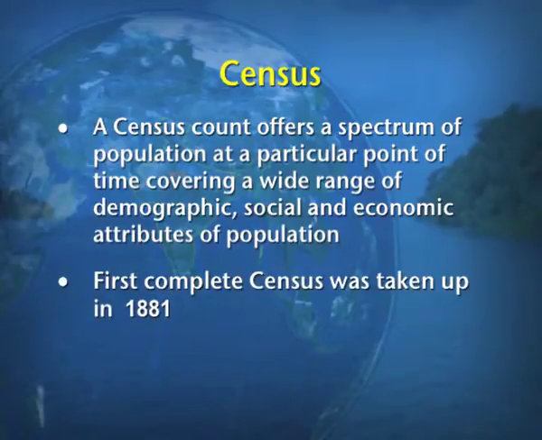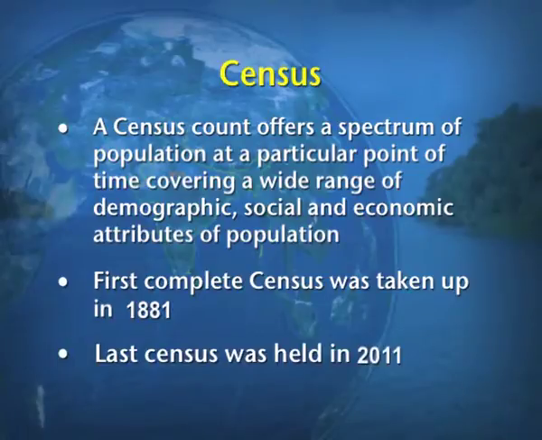For your information, children, the first complete census was taken in 1881, and later after every 10 years the population counting is being done, and the last census was recently conducted in the year 2011.